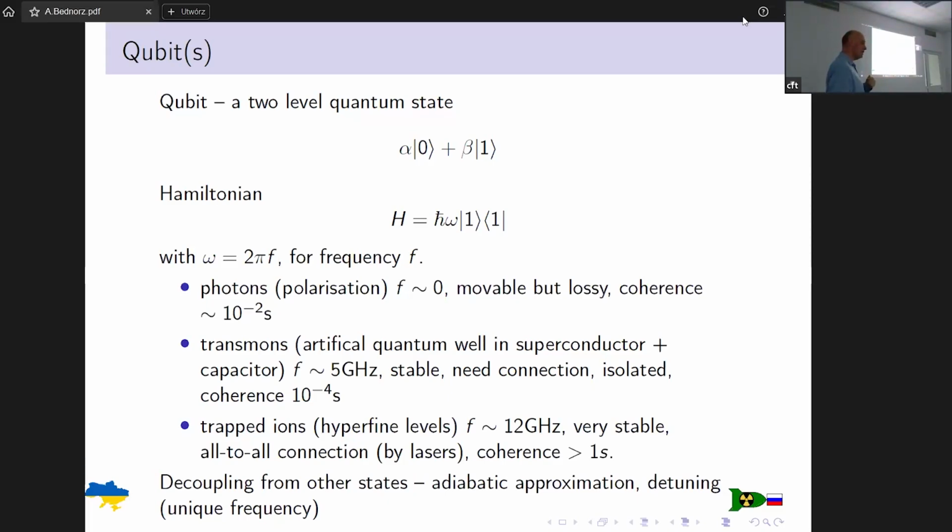It's just like with this radio. A radio produces a unique frequency. So even if you have objects somewhere there, they don't listen to it because they are not tuned to this frequency. And you're right, it's very hard to isolate these two level states.